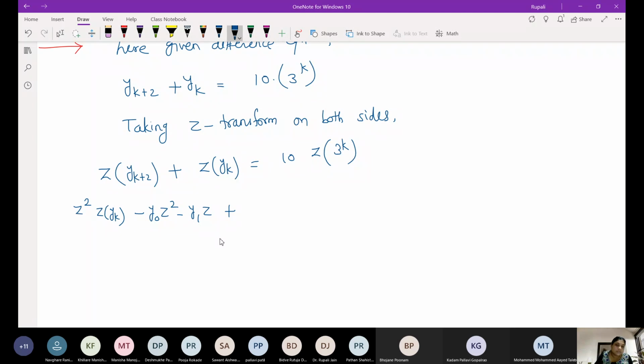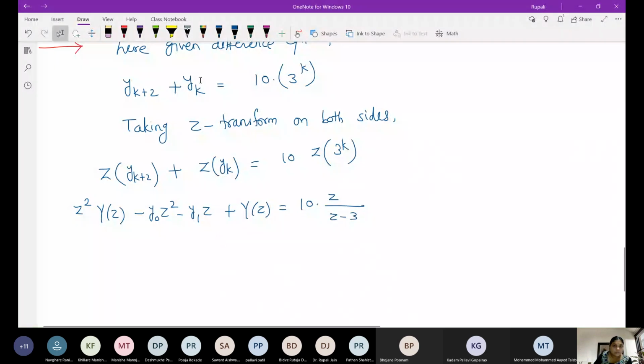What is Z transform of 3 raised to k? z upon z minus 3.